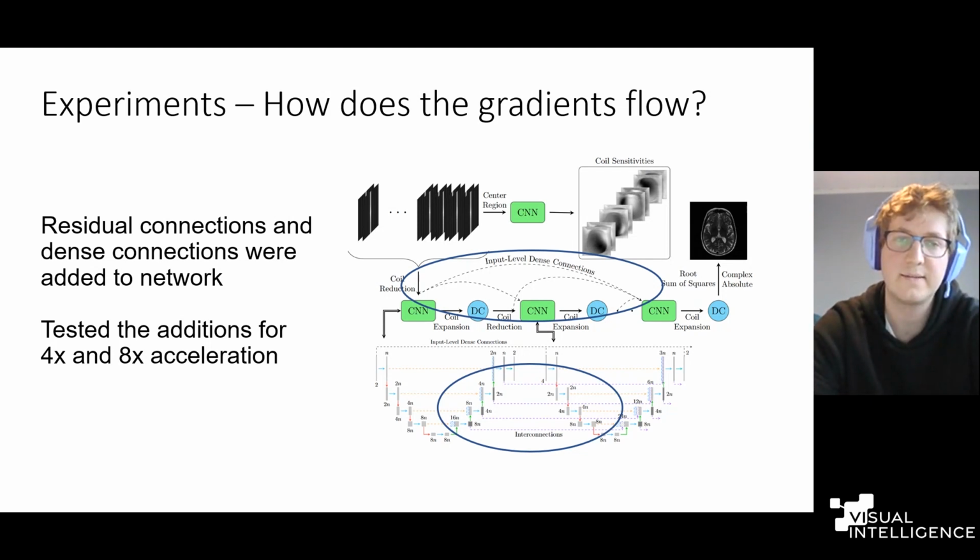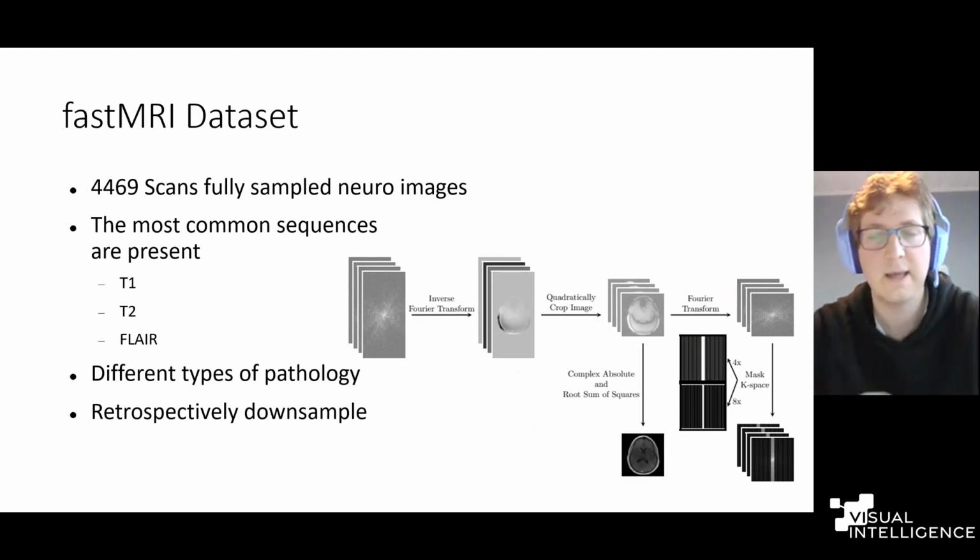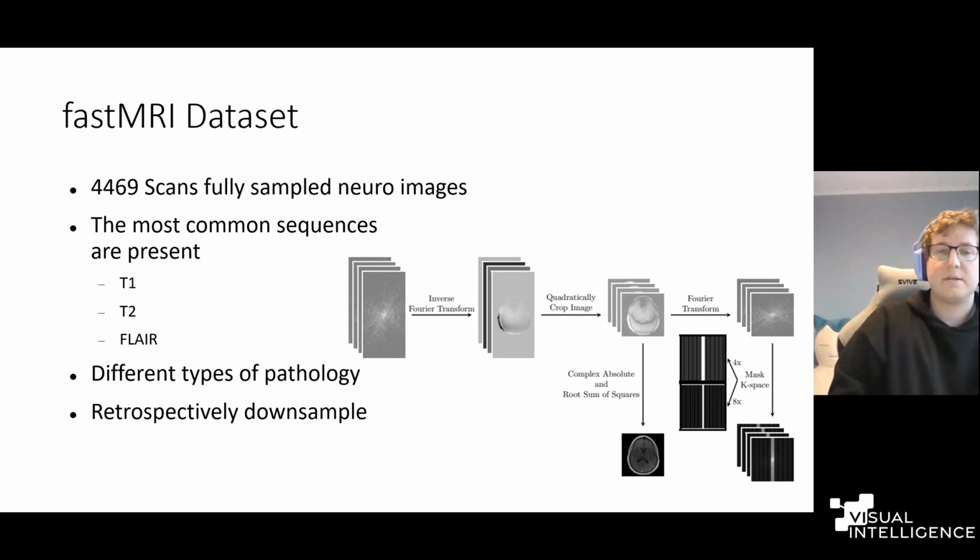And we tested these 3 modifications on 4 times and 8 times acceleration. So we tested them with 25% and 12% of the total data. And to do this, we used the FastMRI dataset.